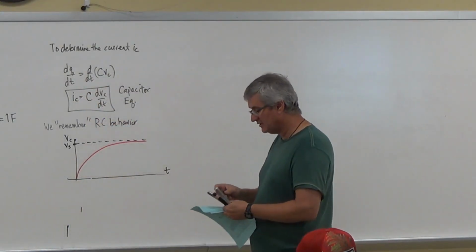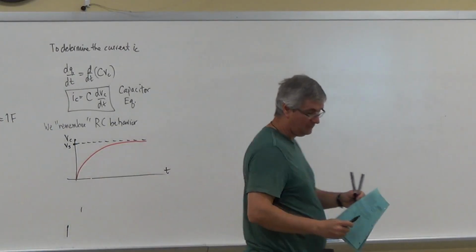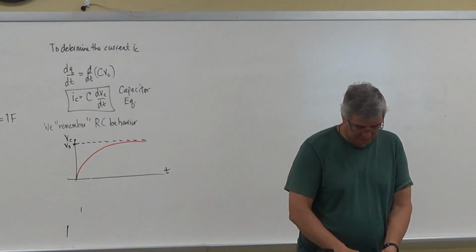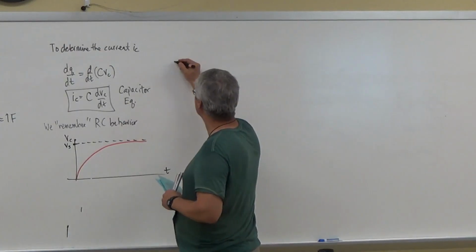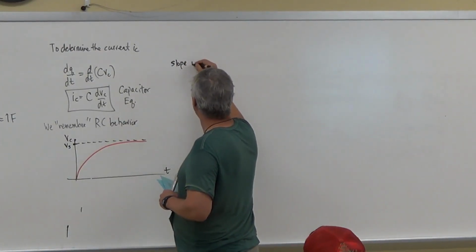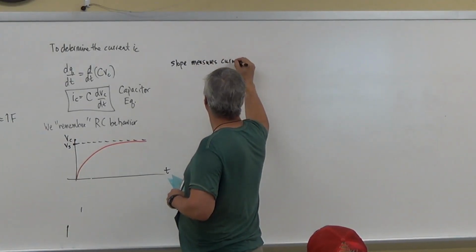So what you're seeing here is that the slope measures current.